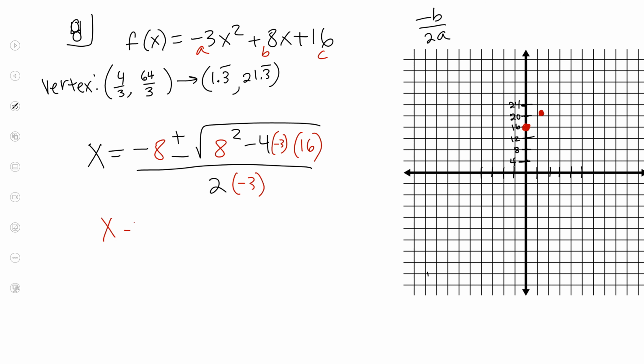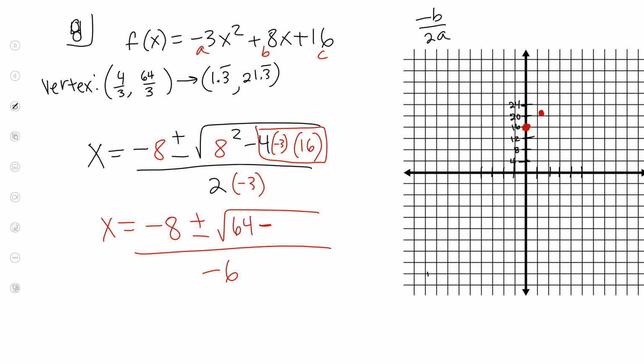So this will become x equals negative 8 plus or minus, let's figure out what goes under the square root, over negative 6. 8 squared is 64 minus, what is this value? 192. So this is negative 192, but 2 negatives make a positive.